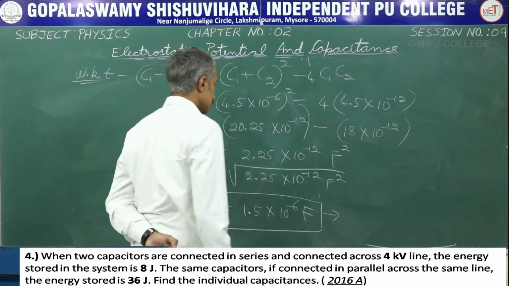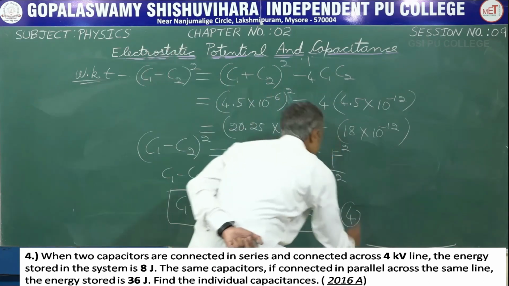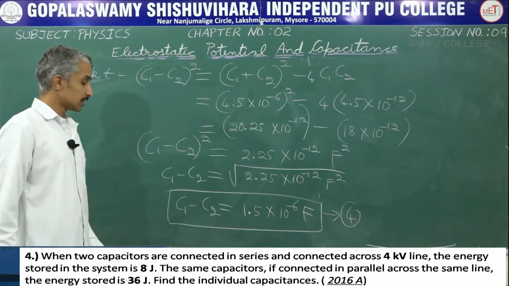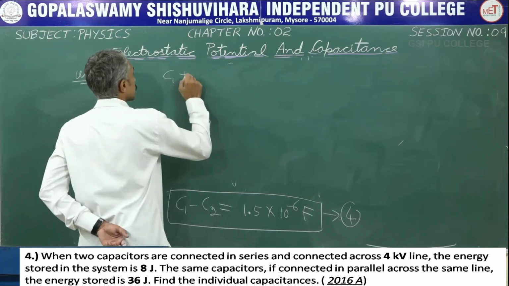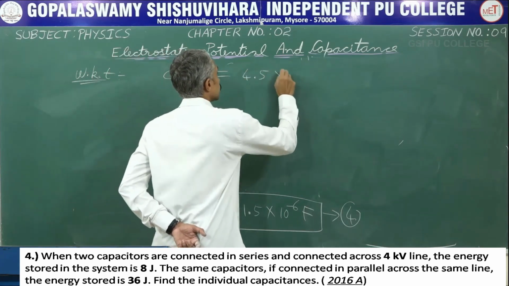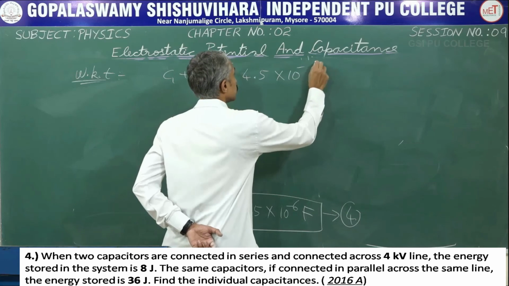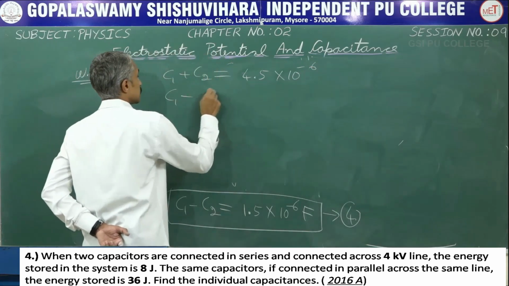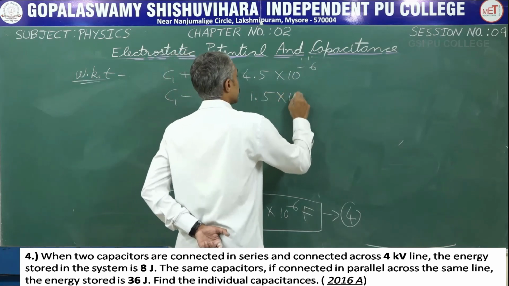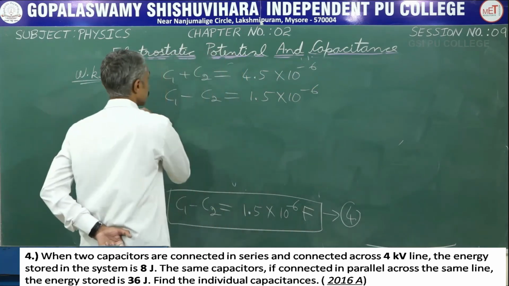This is going to be equation number 4. Now we have C1 plus C2 and C1 minus C2, we can solve that. So C1 plus C2 is 4.5 into 10 to the power of minus 6 and C1 minus C2 is 1.5 into 10 to the power of minus 6.